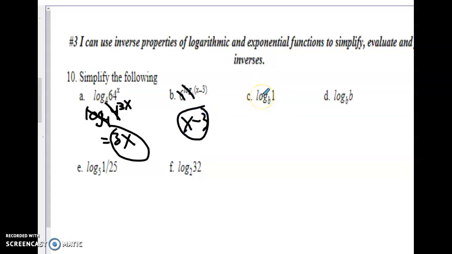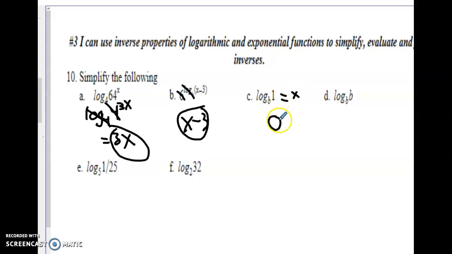This one, log base b of 1, well, anytime you take the log of 1, you're just going to get 0 for an answer. Another way you could think of it would be to change it to exponential form. b raised to some number would give me 1.